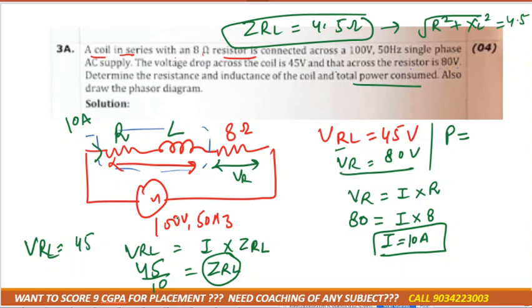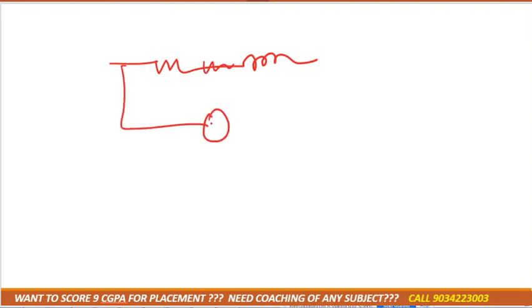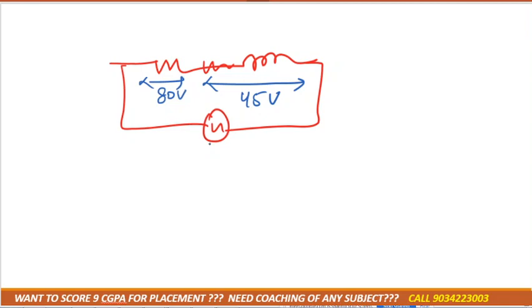They have also given the total voltage, 100 volt. Can we get the voltage across the inductor? The two resistances can be combined. VRL voltage is 45 volt, VR voltage is 80 volt, and the total voltage is 100 volt.